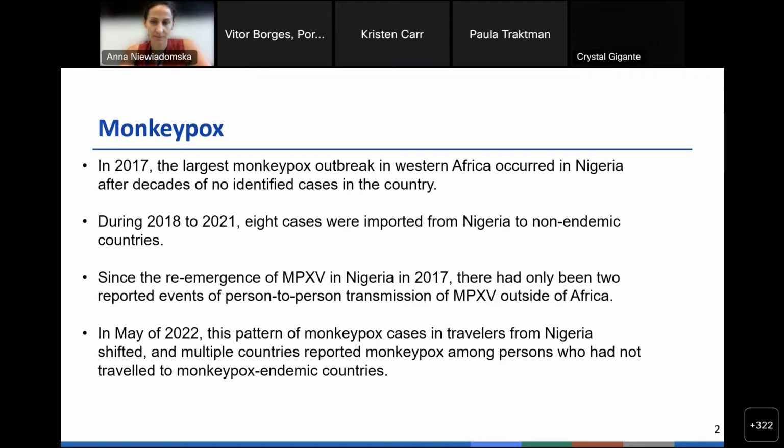Since the reemergence of monkeypox in 2017 in Nigeria, there had only been 2 published reported events of person-to-person transmission outside of Africa. And in May of 2022, we all know this pattern of cases in travelers from Nigeria shifted, with many countries reporting monkeypox among persons with no travel history to monkeypox endemic countries.